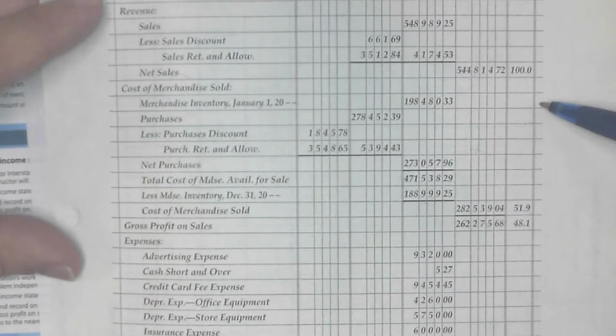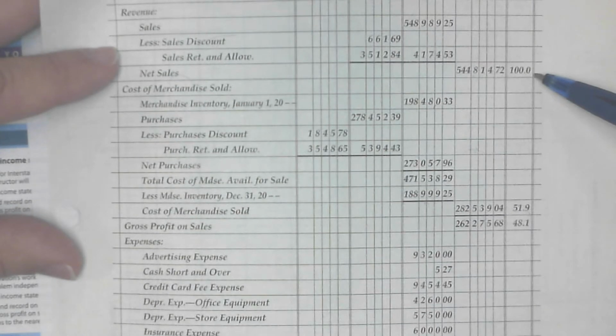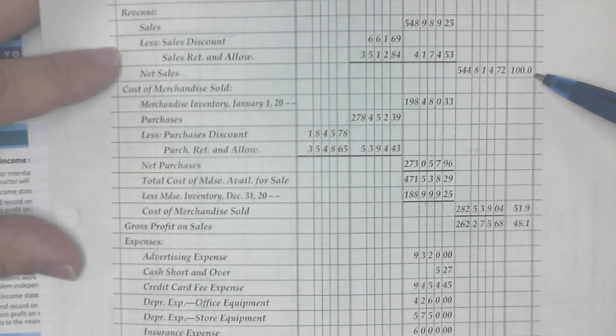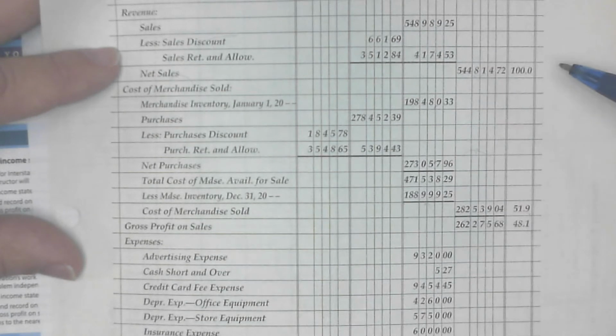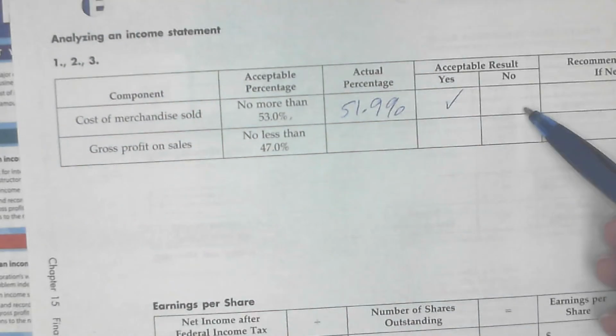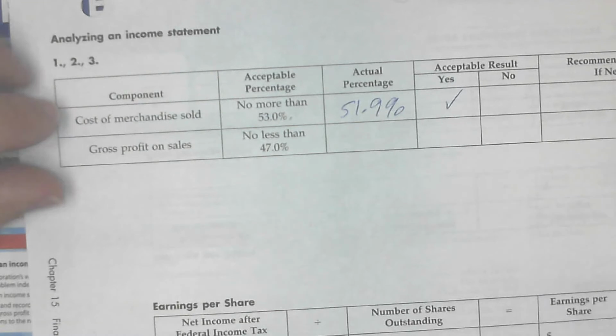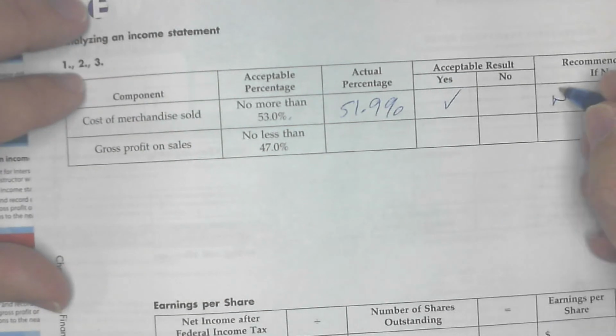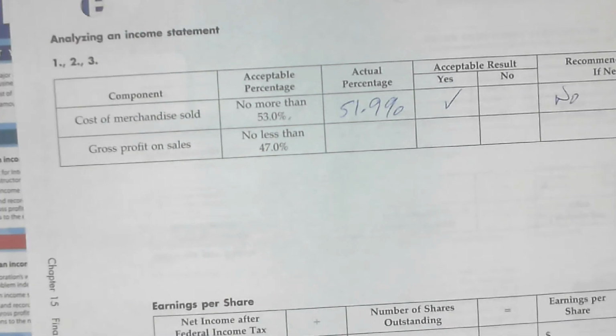This percentage is based off your net sales. If it's feasible, you could raise prices a little bit to try to improve your percentages. So those would have been a couple suggestions if the answer was no, but it's yes, so no recommended actions.